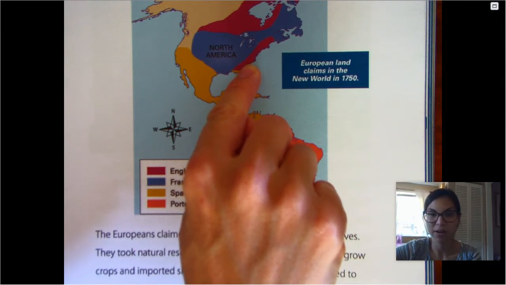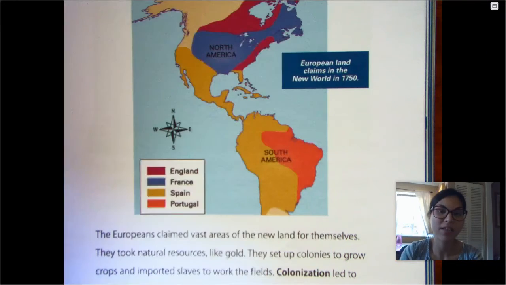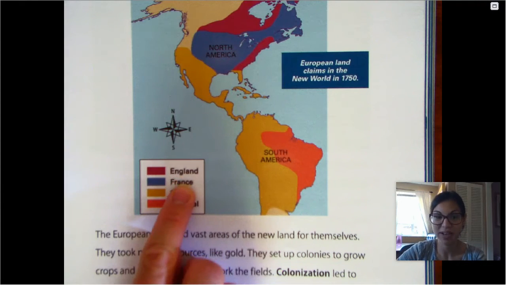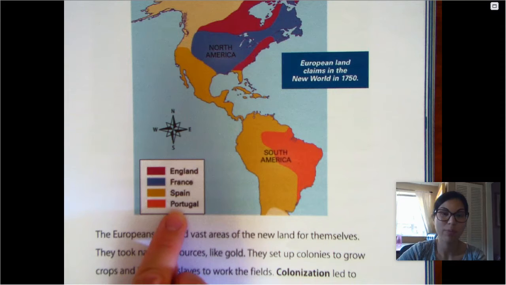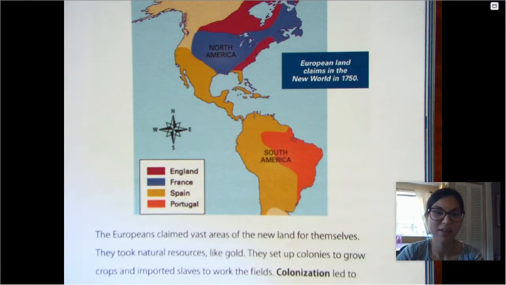In this part of present day United States, these were where the first colonies were established. Colonies were places where people from other countries like England, France, Spain, and Portugal traveled to make new settlements in the New World, which is our map here.